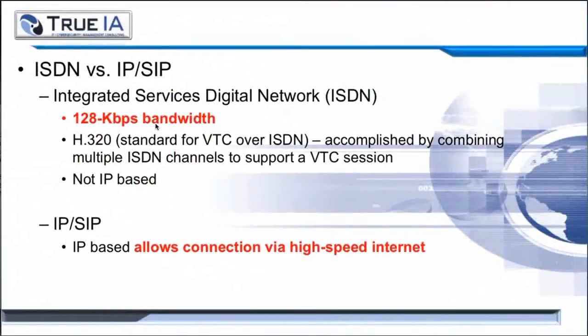Mainly because we have IP over SIP. This allows for the connection for our VTCs to travel the high-speed internet. That's a pretty important point to maintain, because with the ISDN lines, we were pretty much capped at 128 kilobits.